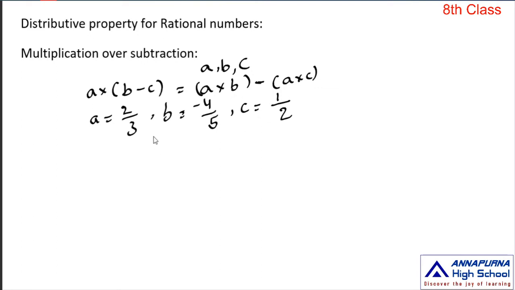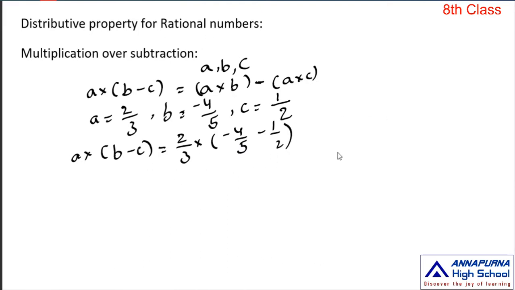Now I substitute these three values in the left side part of the condition, that is a into b minus c is equal to 2 by 3 into minus 4 by 5 minus 1 by 2.